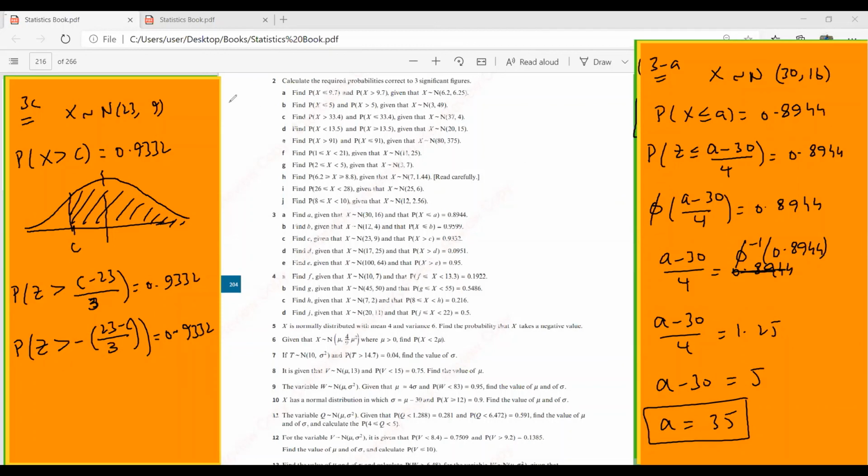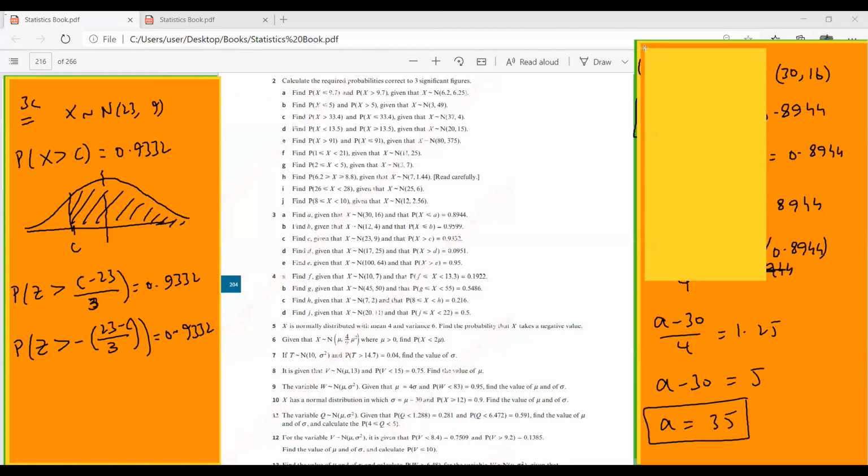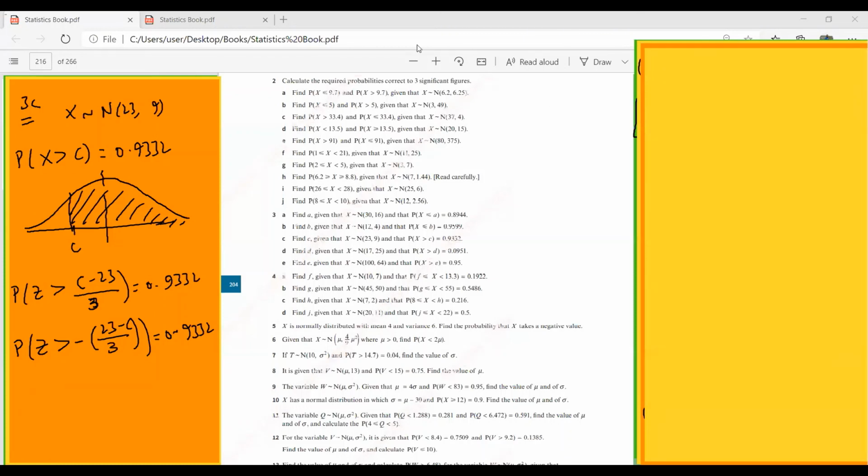If you recall that thing, if you have probability Z is greater than minus A, that is simply phi of A. So you can write this as phi of 23 minus C over 3, that is 0.9332.